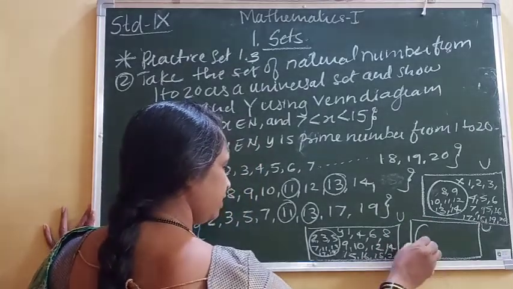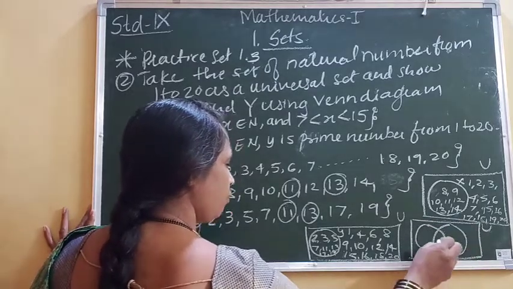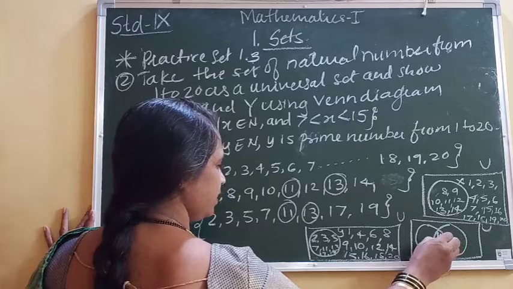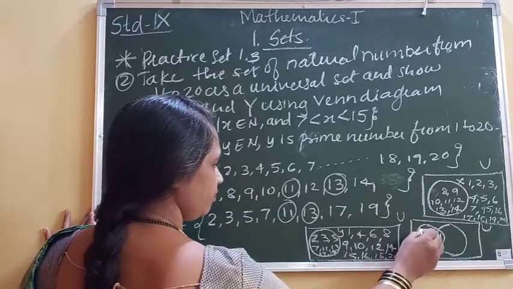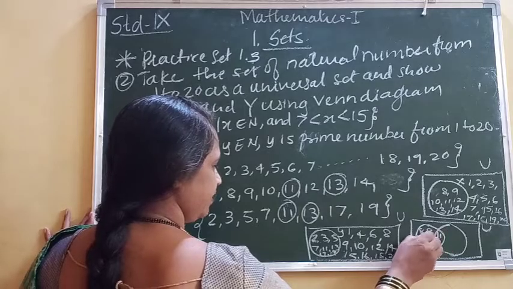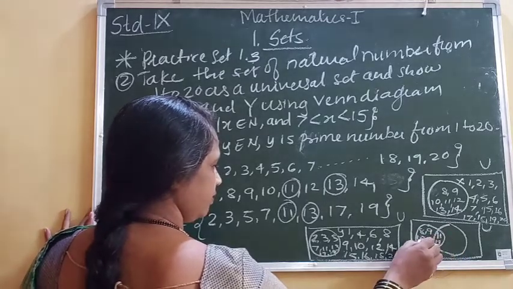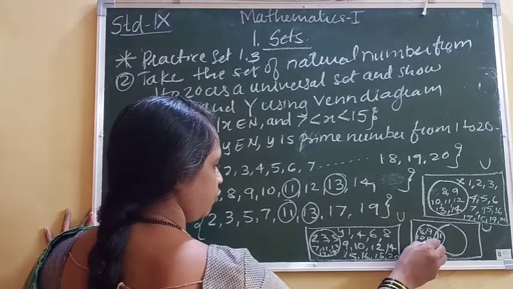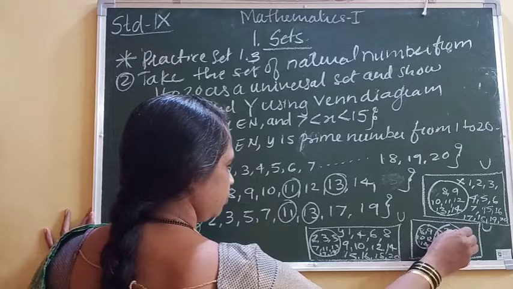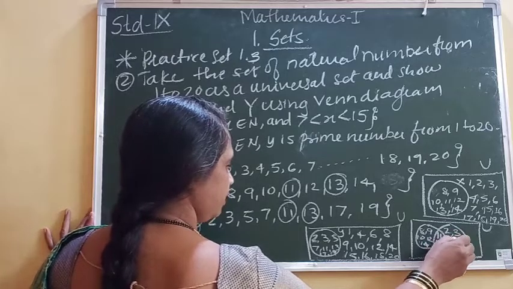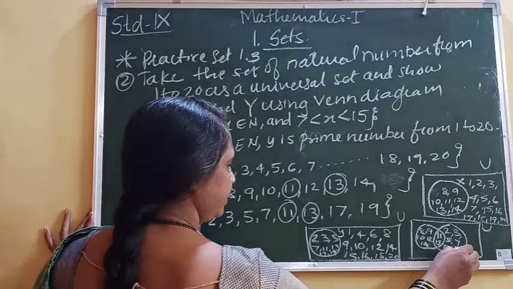The universal set has elements of X and elements of Y, and the common ones are 11 and 13. The remaining in X: 8, 9, 10, 11, 12, 13, 14. Next, in Y you will write 2, 3, 5, 7, 11, 13, 17 and 19.